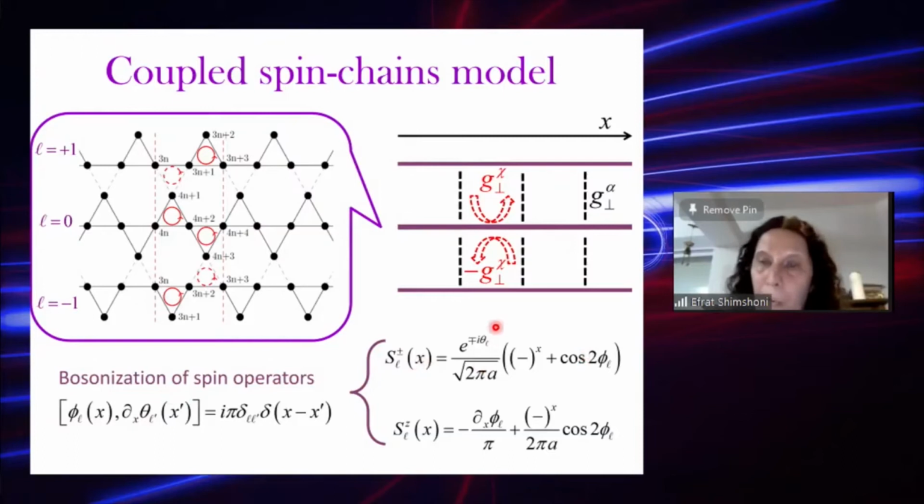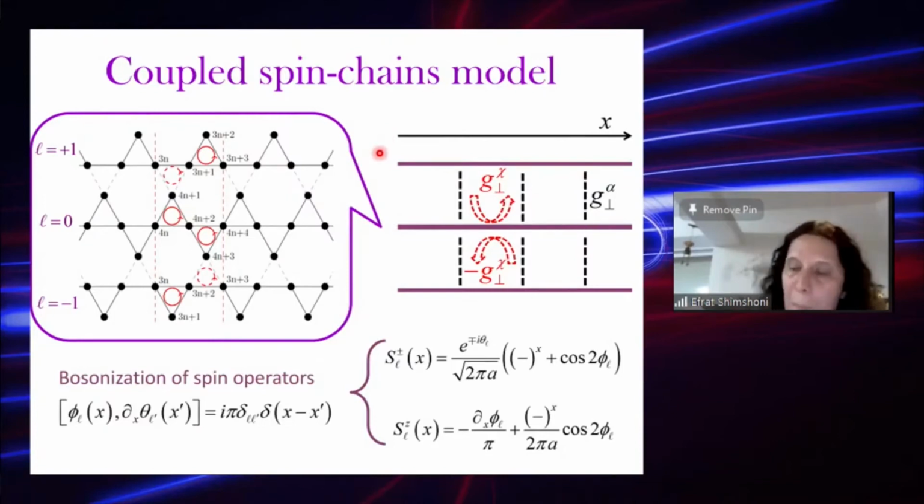We introduce the coupling between them, which corresponds to some nonlinear terms, and we apply a renormalization group to study what kind of phases we can have under different choices for the parameters.